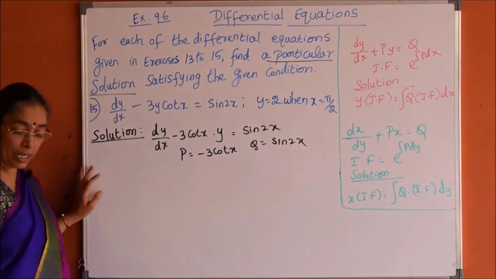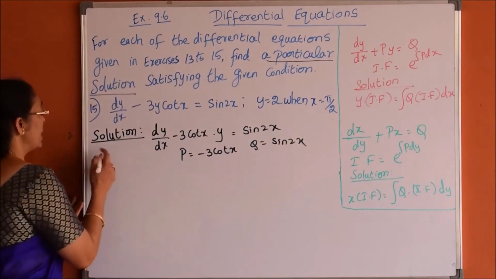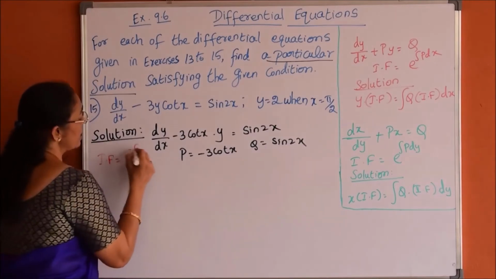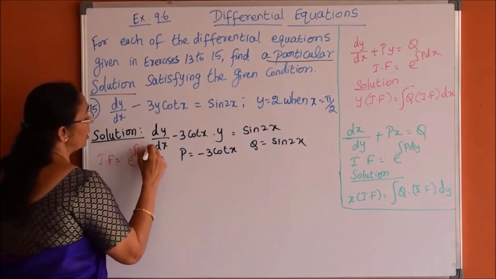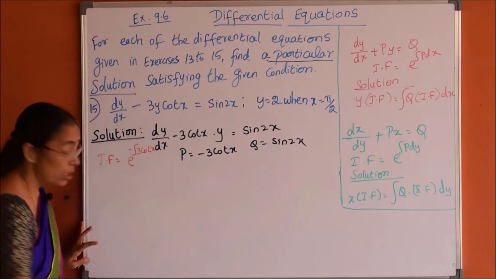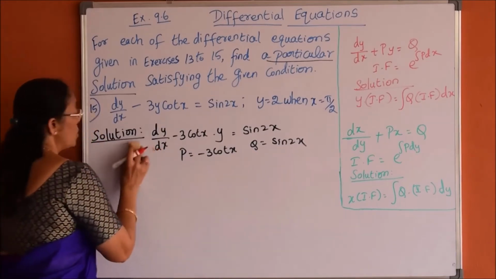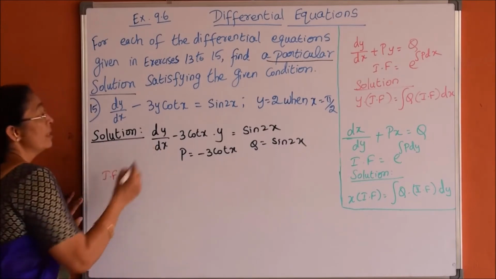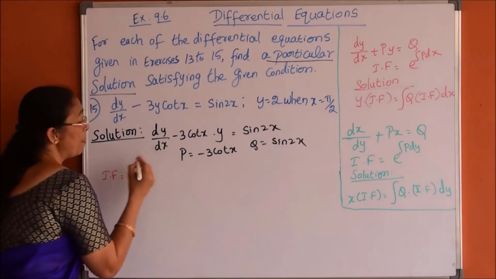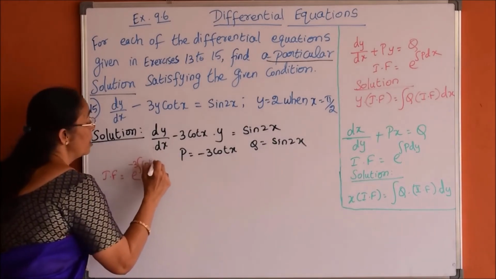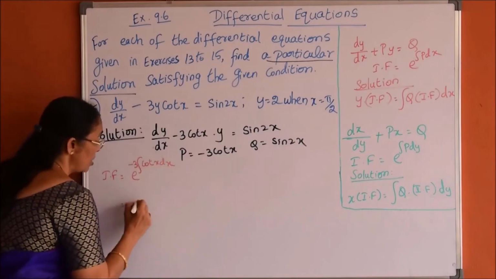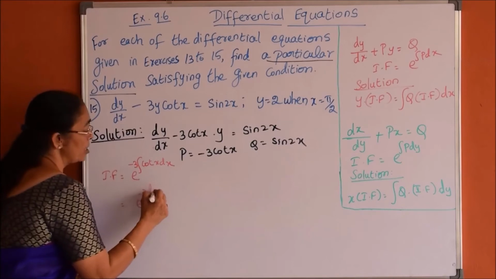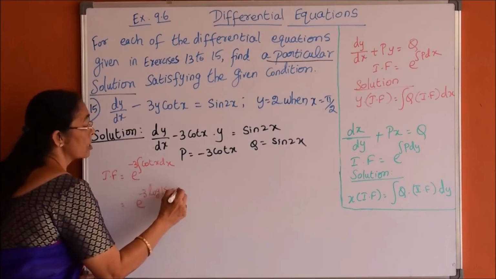Now let us find out the integrating factor first. So integrating factor is equal to e power integration of p dx, which is minus 3 into cot x dx. So integrating factor is e power integration of minus 3, which is outside, cot x dx, which is e to the power of minus 3 into integration of cot x, which is log mod sin x.